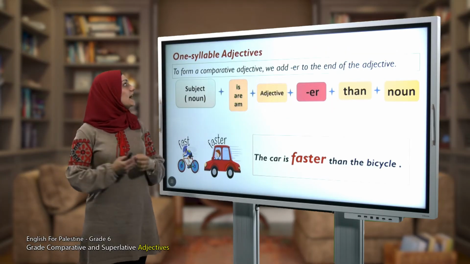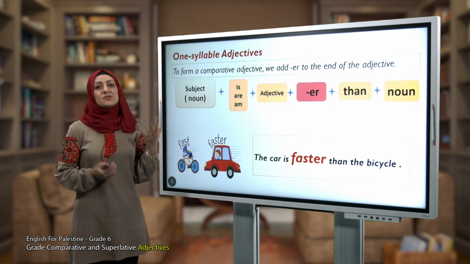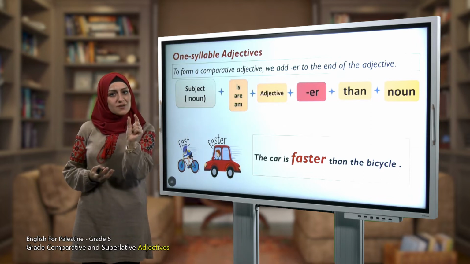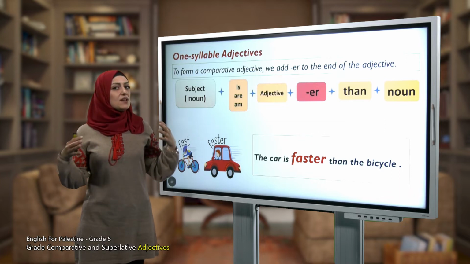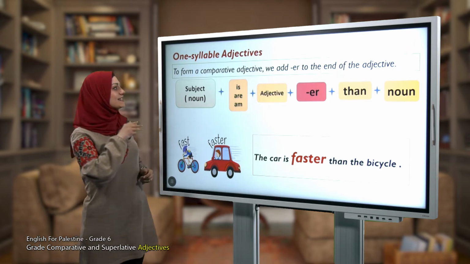Now let's learn how we compare between things. Of course, we use adjectives, but adjectives can be short or one-syllable adjectives, or the adjectives can be long, two or more syllables adjectives. Let's start.